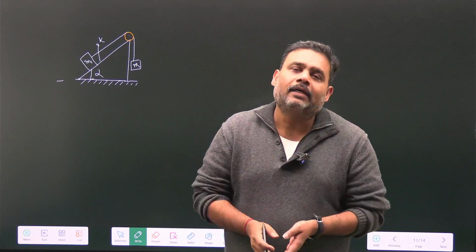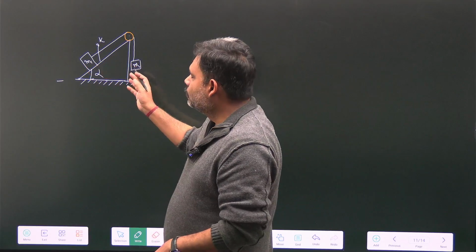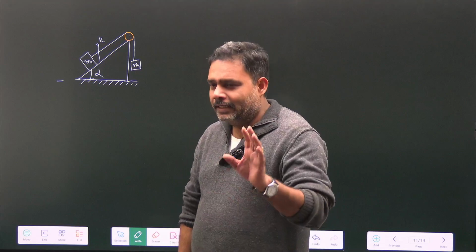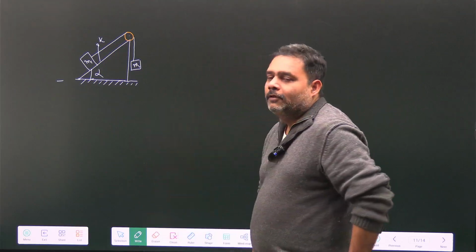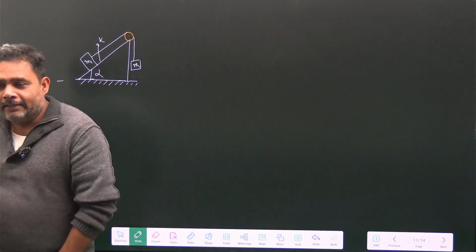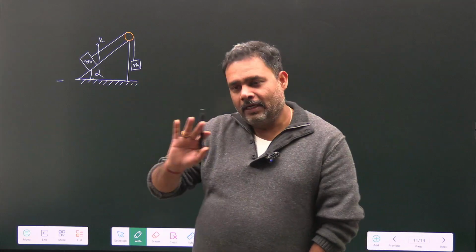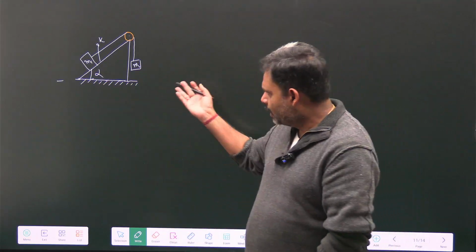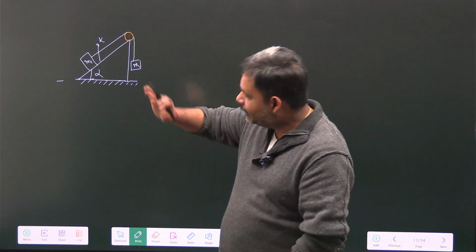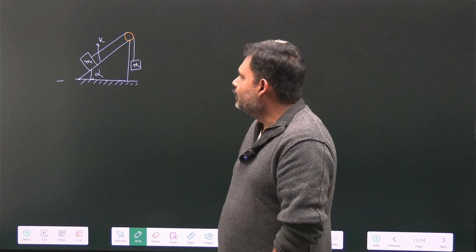We should give the condition such that neither m1 nor m2 will move with respect to this particular wedge. This is very interesting, and you can expect this type of question in any good examination, including your IIT-JAM, NEET, and JEST, JAM. Everywhere this type of question has come. After this question, I will do one question from the JEST examination that has exactly the same concept, but the arrangement is different. So let's try to go for this.